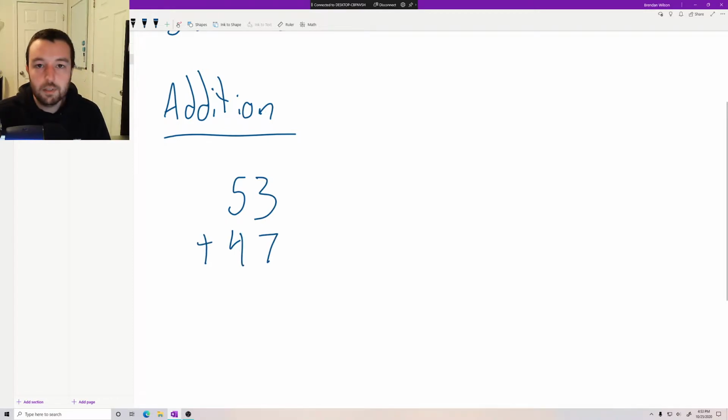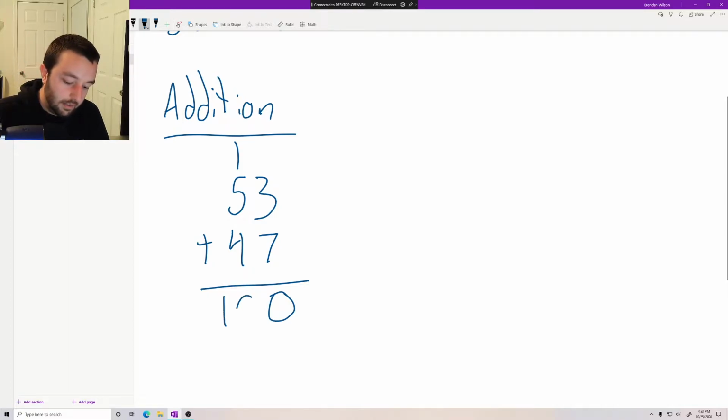So we line up the ones place, line up the tens place, and so on, if we had more digits. And then we would add the ones together and we would carry any additional place values over to the next appropriate place value. And here we get 10 again, so we'd have 100. Okay.